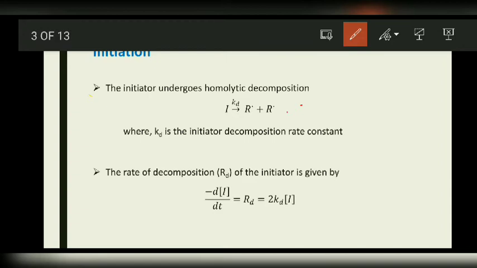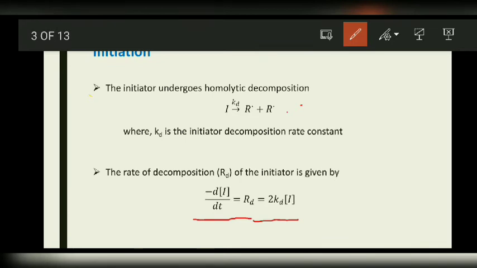So the rate of decomposition of the initiator is given by -d[I]/dt equal to Rd, which is equal to 2 Kd [I].